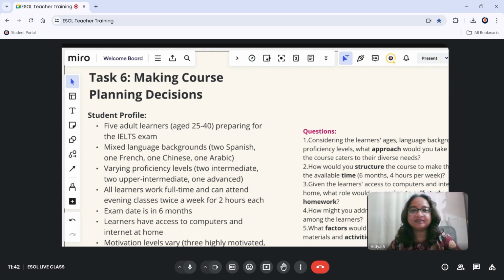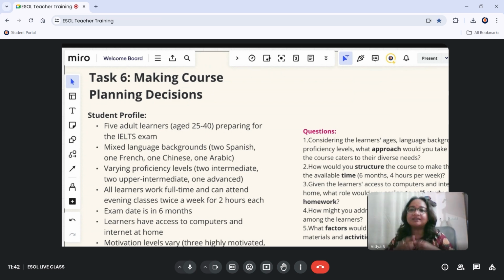Okay, so coming to the course planning decisions. According to the student profile, I may start with the first, considering the ages and language background. As it says, they are multilingual students here, so we cannot go with one size fits all.